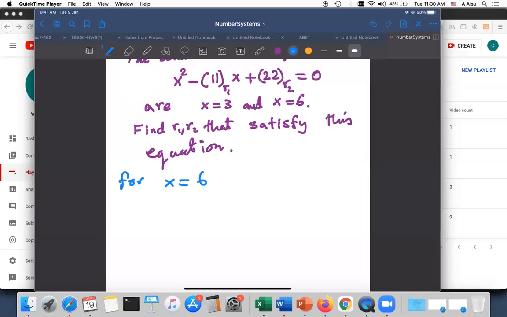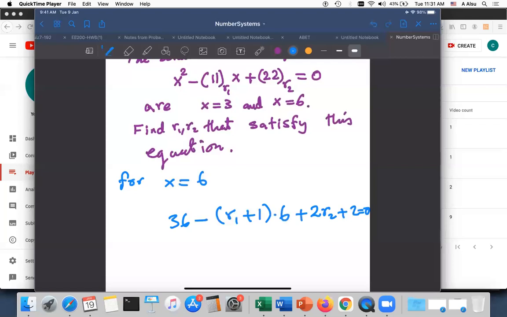So we have x squared, which in decimal is 36, minus 1 base r. What is 1 base r? It's R1 plus 1, right? Times x, which is 6, plus R2 plus 2, and that equals 0. If you collect the terms and rearrange the equation, you get a nice equation in R1 and R2.